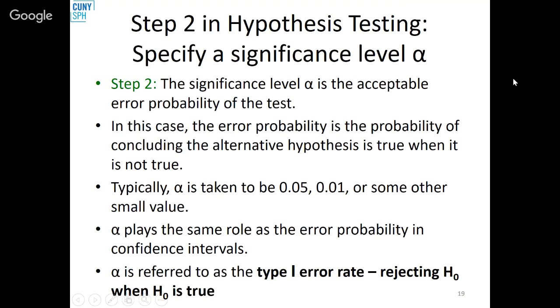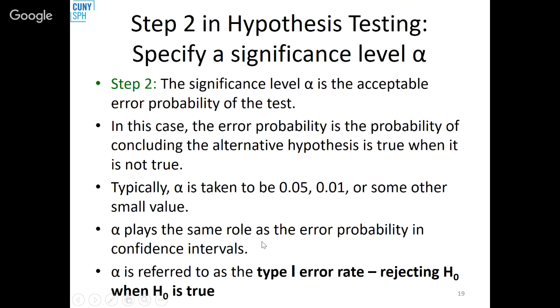Step 2, specifying the significance level alpha. It's the acceptable type 1 error probability of the test. So the probability of concluding that the alternative hypothesis is true when it's actually false, when the null hypothesis is true. And typically it's taken to be some small value like 0.05 or 0.01, very frequently 0.05. And it plays the same role as the error probability in confidence intervals.